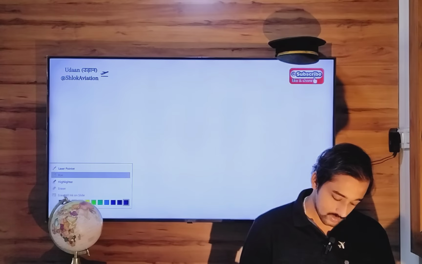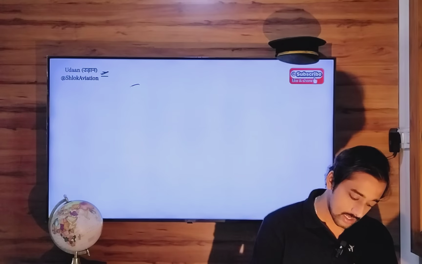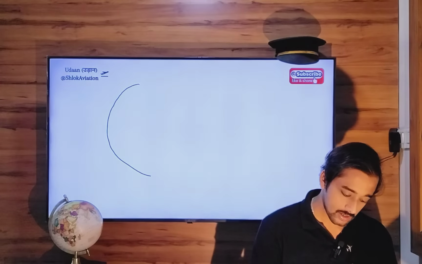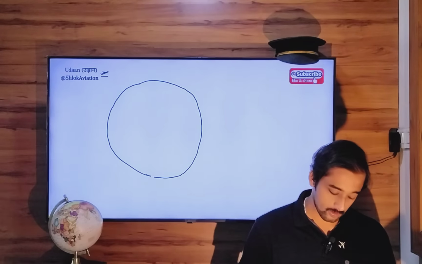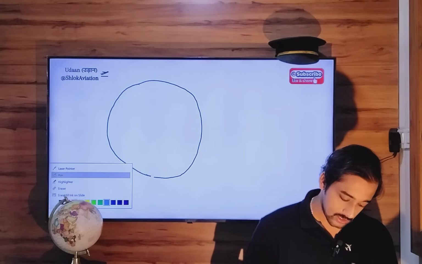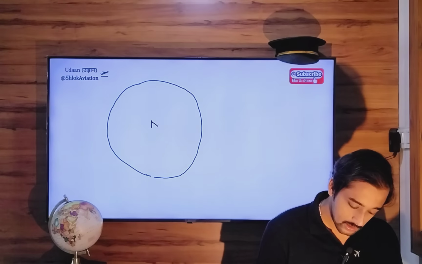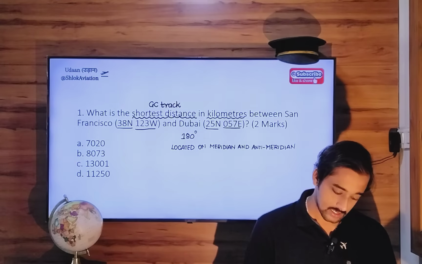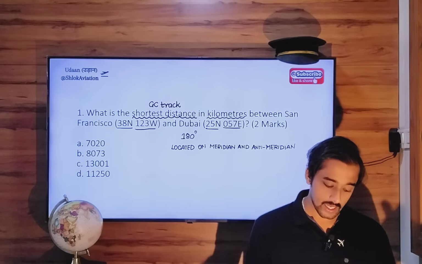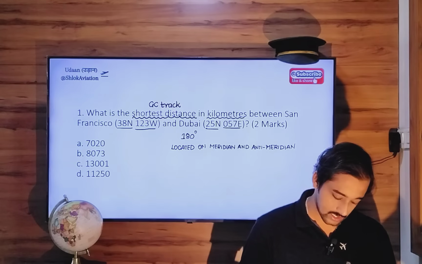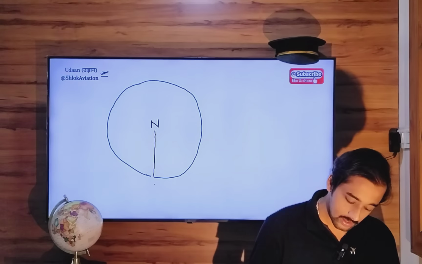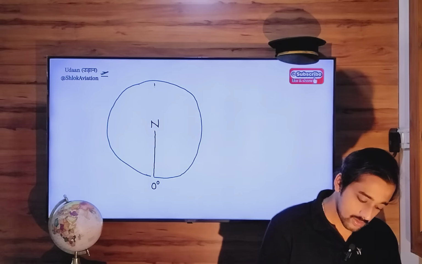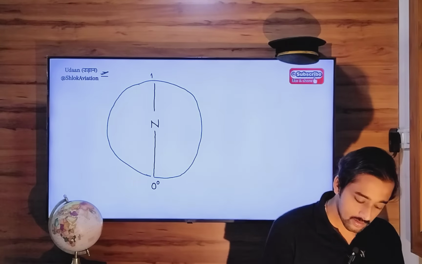So the diagram will look like this. This is your earth, and you are looking at the earth from the north pole, from the top. So this is your north pole. Let's label this diagram first. This becomes your prime meridian, and this becomes your anti-meridian.